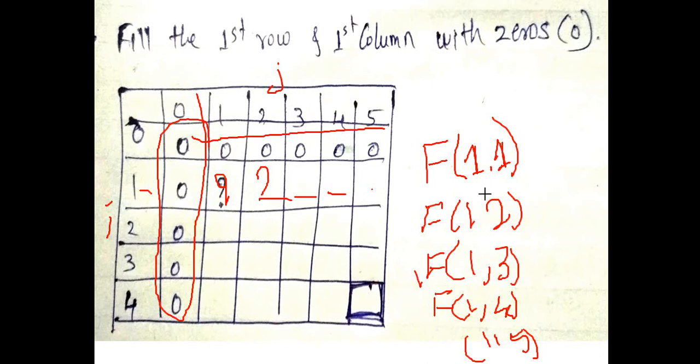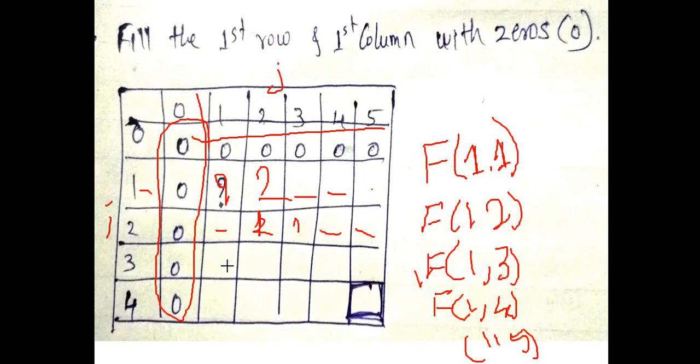We have to calculate in this fashion. Now this one is 2, 1. This one is second row, second column: 2, 2, 2, 3, 2, 4, 2, 5.